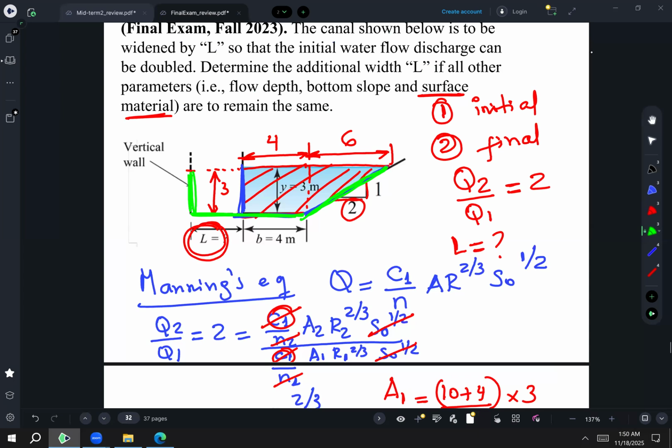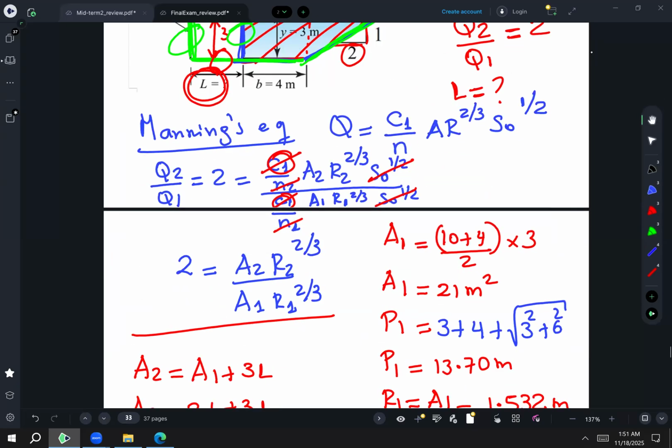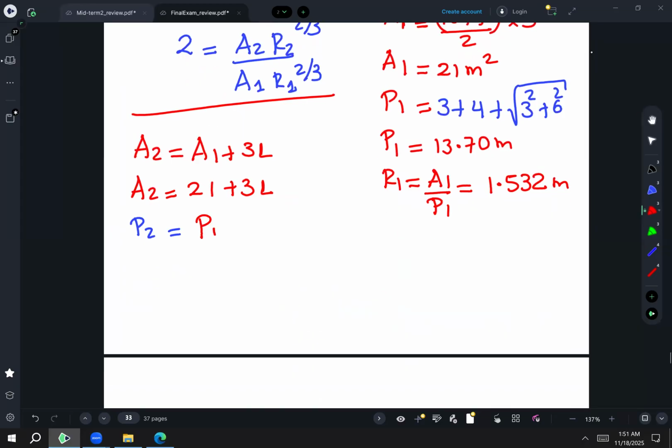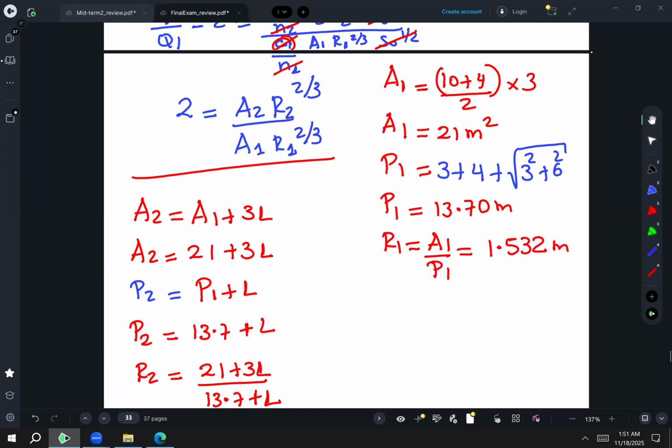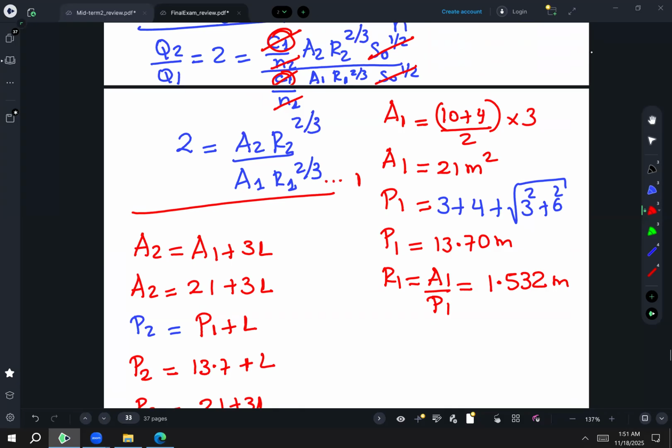This is the same as this, and the only thing I am adding is this. Therefore, perimeter 2 will be equal to perimeter 1 plus L, which is 13.7 plus L. And therefore, the hydraulic radius for 2 will be equal to the area, which is 21 plus 3L, divided by the perimeter, which is 13.7 plus L.